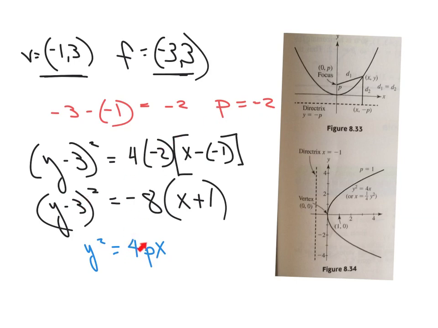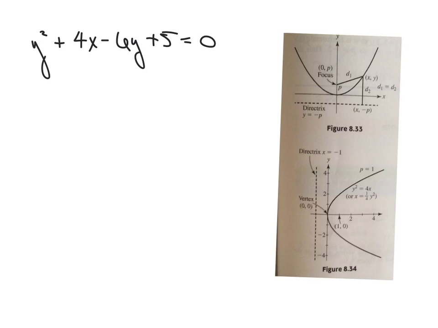P we found out to be -2, and x would be, again, x minus -1. Okay, so we've got our vertex here, and we're going to put my y point here and my x point here, and then that's going to change to plus, do my work, and then put it in that form, and I get that for an answer.